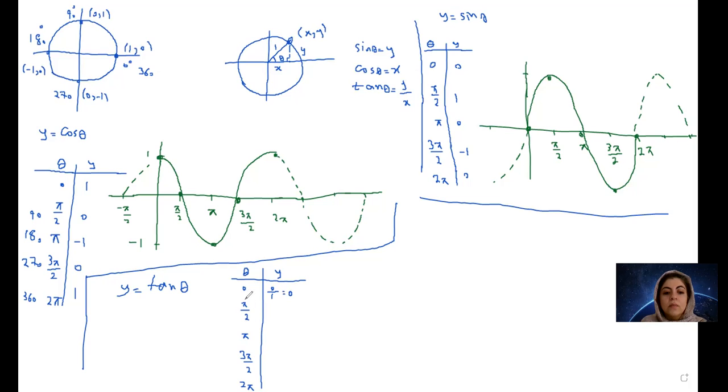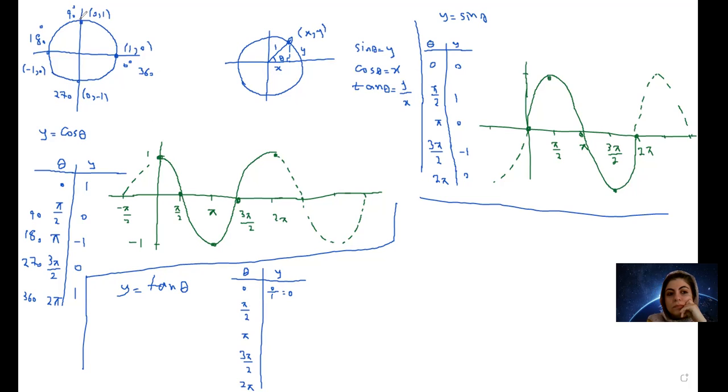Now, can you tell me for pi over 2 or 90 degree, what is the tan of pi over 2? For 90 degree, you have to look here, right?